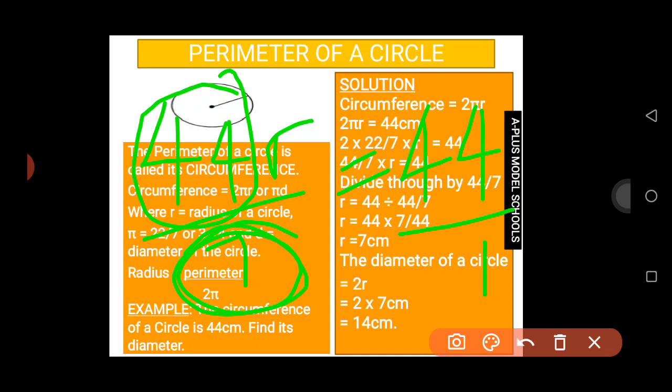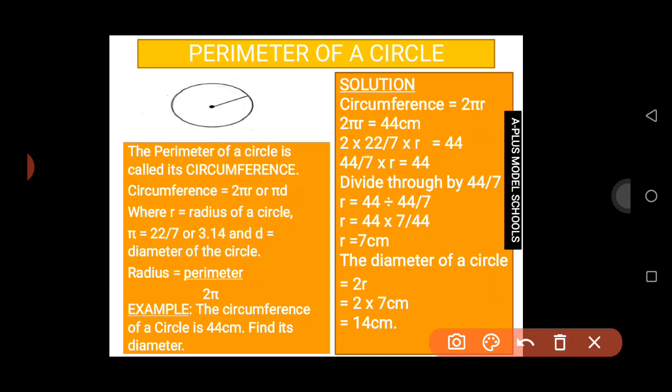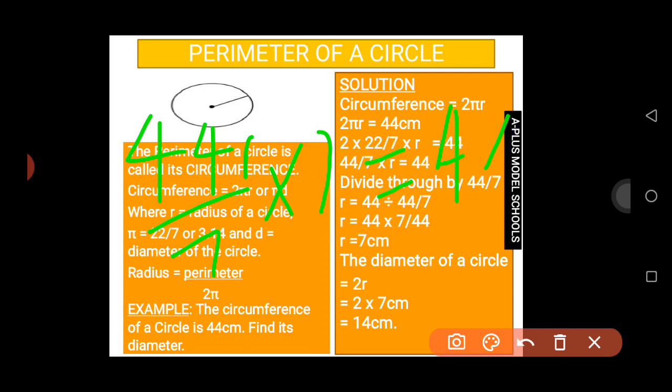So this one will be 44r over 7 multiplied by 7 is equal to 44 times 7. So this 7 cancels this 7, and now I have 44r is equal to 44 multiplied by 7.